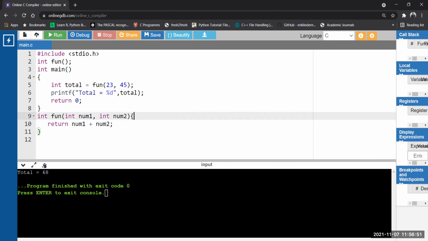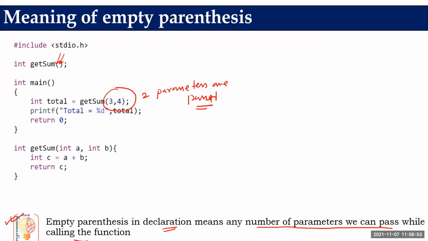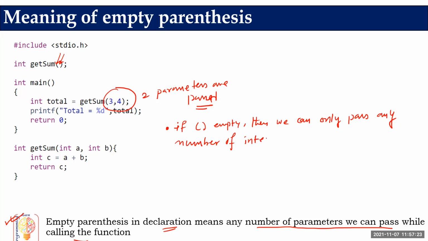So what is the fundamental point? Very interesting fundamental points. The first point, please note down: if the parentheses are empty, then we can only pass any number of integer arguments.